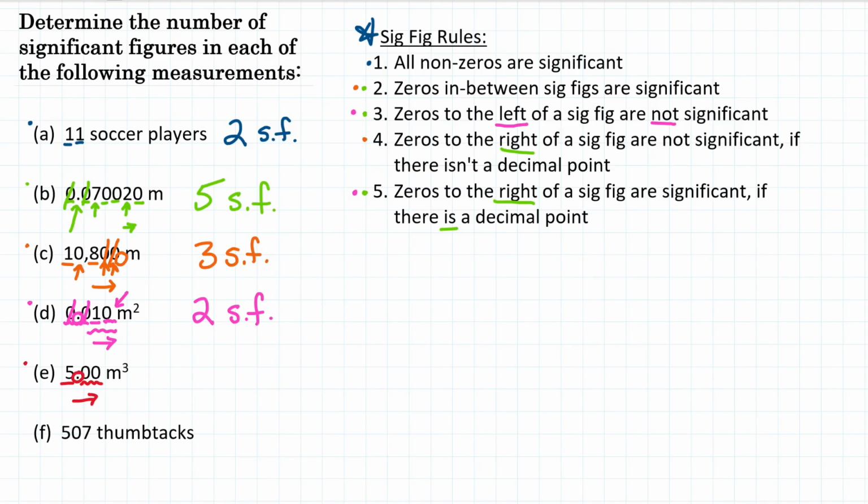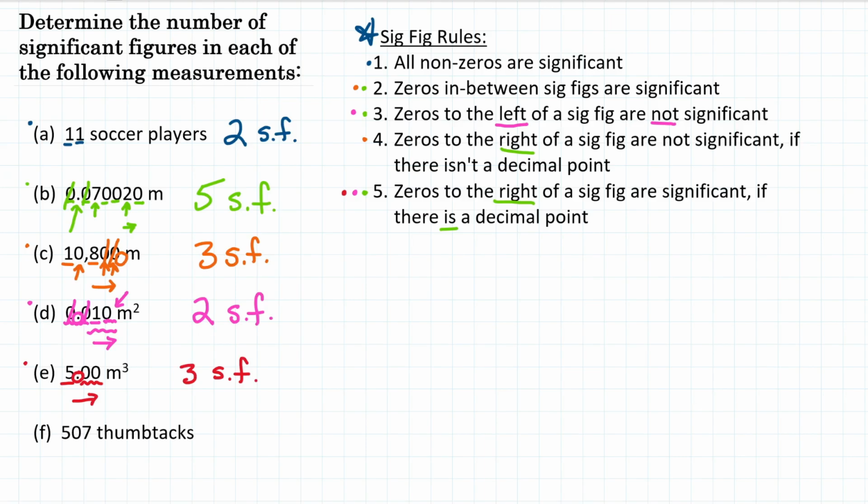So we are rule number 5. Again, they are significant. So here we have 3 significant figures for E. If those zeros weren't significant, we would just write 5 meters cubed. But because we know it's 5.00 meters cubed, we have to write those zeros.